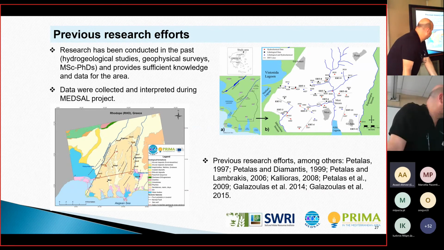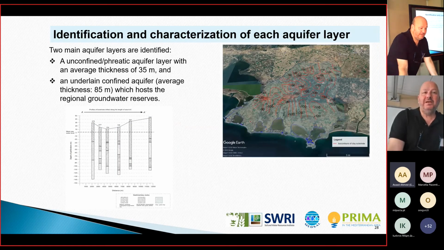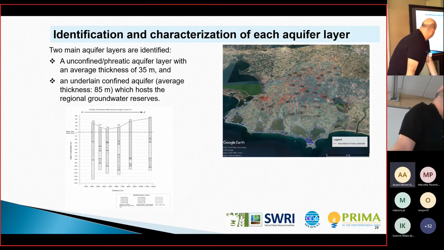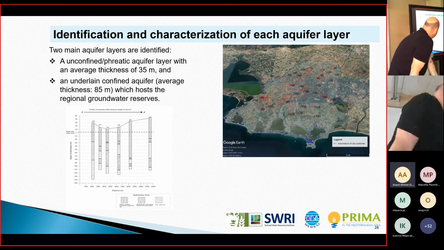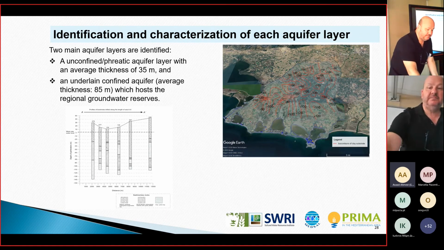All these data were collected during the METSAL project and used for the construction of the conceptual model. Based on this data, we were able to identify two main aquifer layers: an unconfined phreatic layer at the top with a constant thickness of 35 meters in the model, and another confined aquifer, which hosts the regional groundwater reserves.